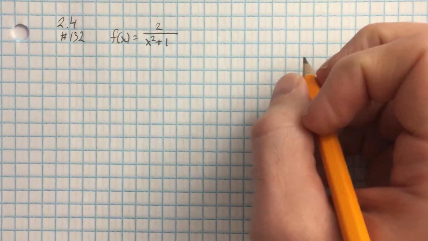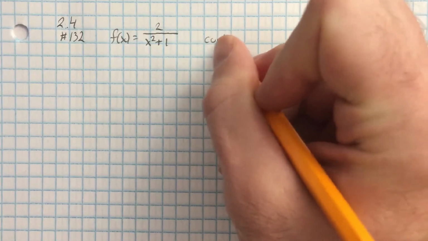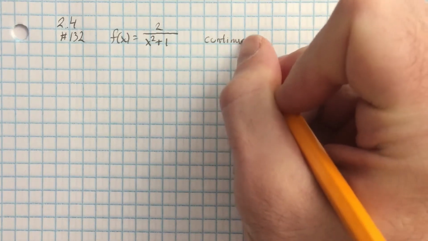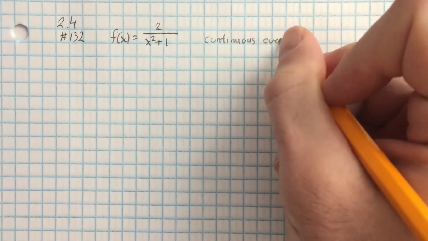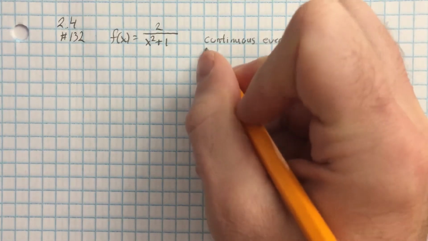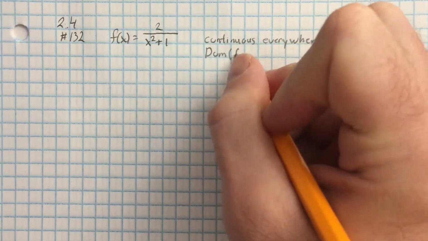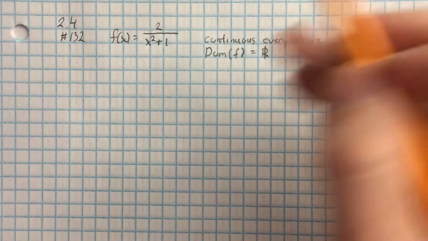This one is extremely simple. Number 132 is continuous everywhere. There are no points of discontinuity for this function. Its domain is all reals, and it is continuous on its domain.